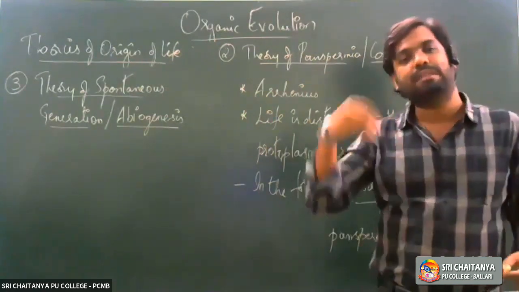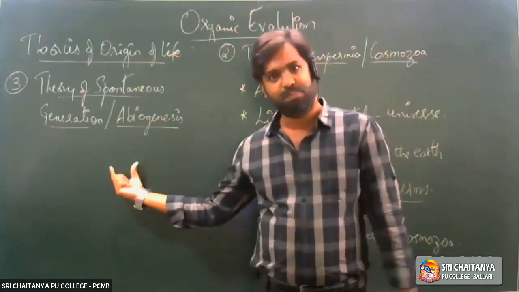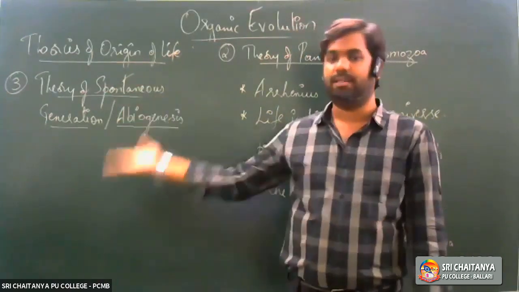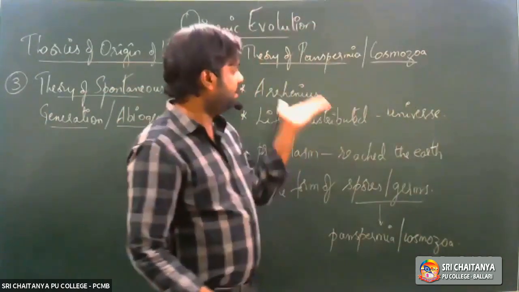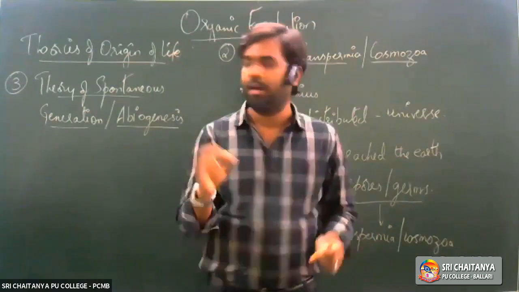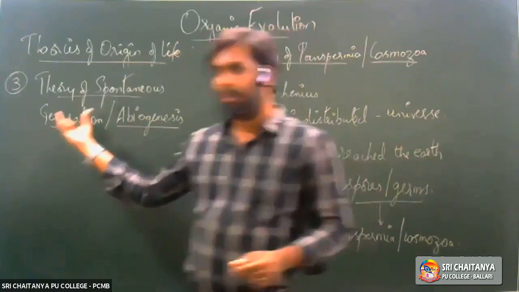There are several scientists who support this theory. Just like we have the theory of special creation by Father Soros and the theory of panspermia by Arrhenius, there are several prominent scientists who support this particular theory.